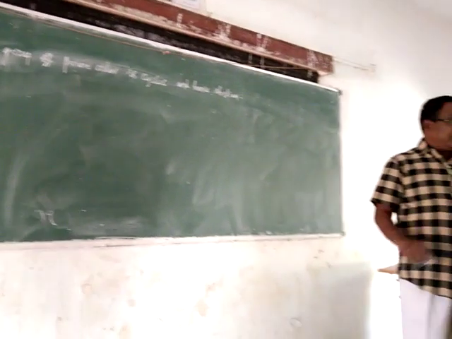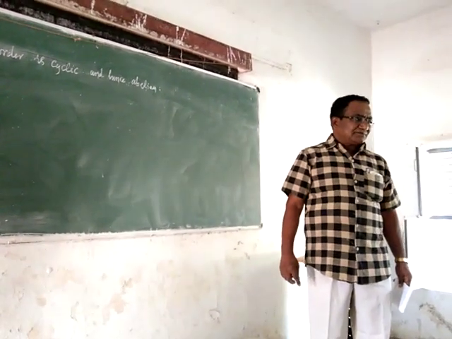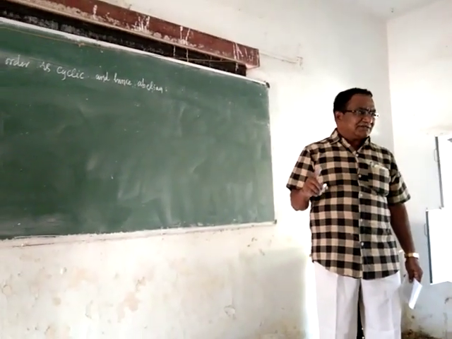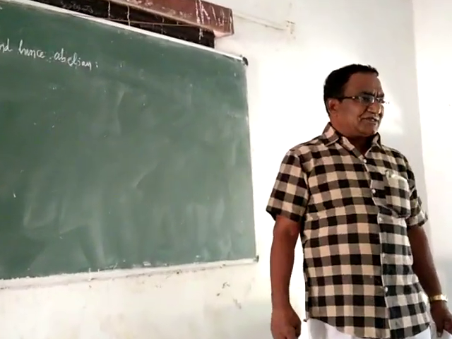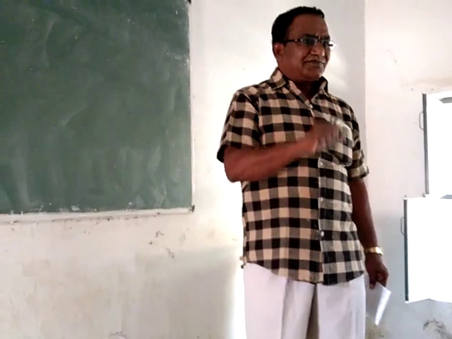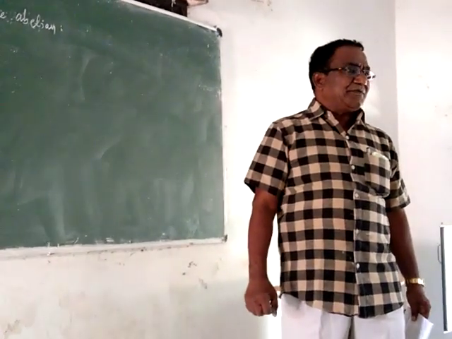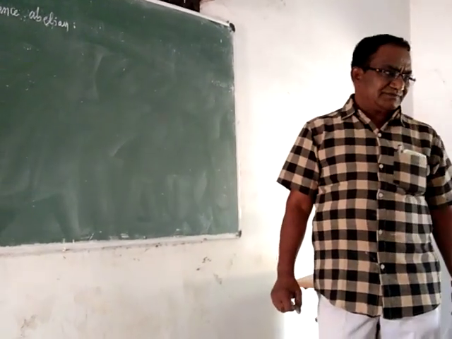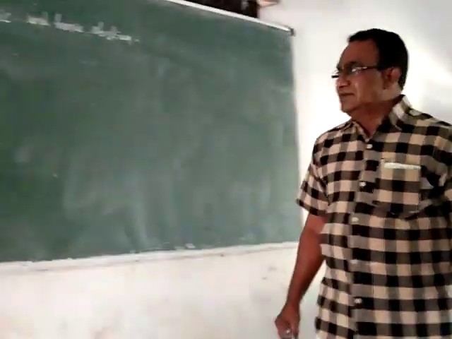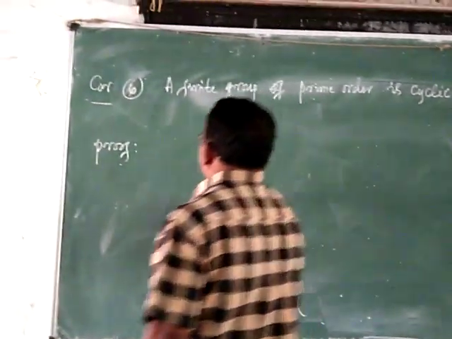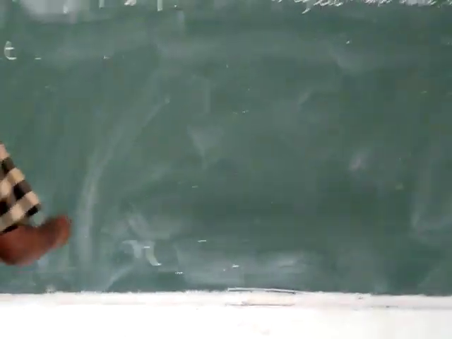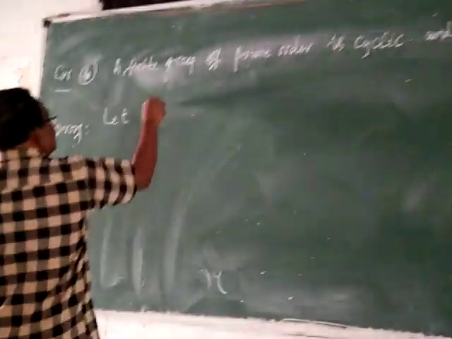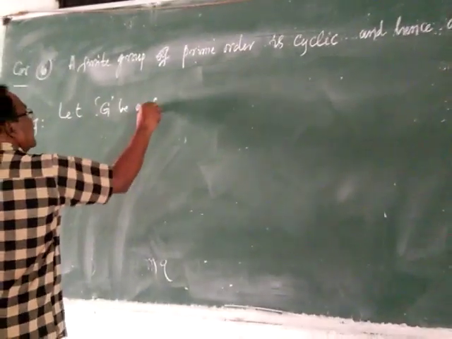Let G be a finite group of prime order, which is cyclic and having a prime number of elements. I mean, the order of G is equal to p, p being a prime number.